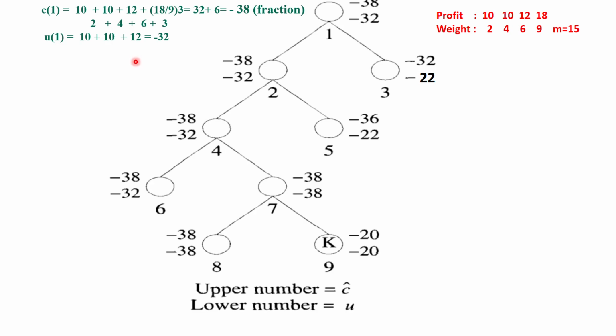Either you place the whole item, otherwise you don't place. That is the difference between your upper number and the lower number. So then only 3 items you can place. That is 32 here. That is what your lower number is, minus 32, and upper number is minus 38 here.